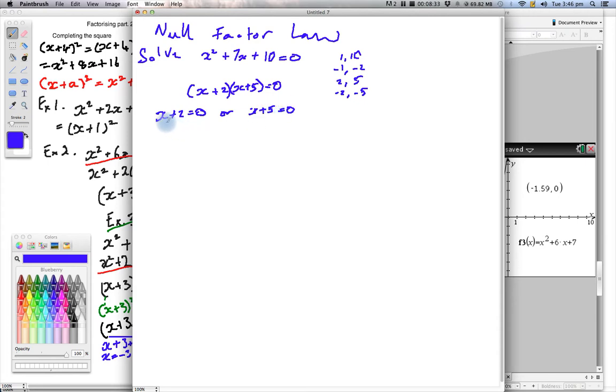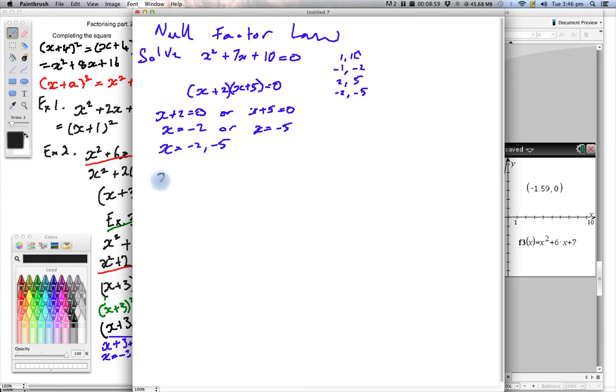So here we put 2 to the other side, that gives x equals minus 2, or put the 5 to the other side, x equals minus 5. There you go, so you can either write your answer like that, or some people are a bit lazy and write x equals minus 2 or minus 5 like that with a comma. Either way is fine.